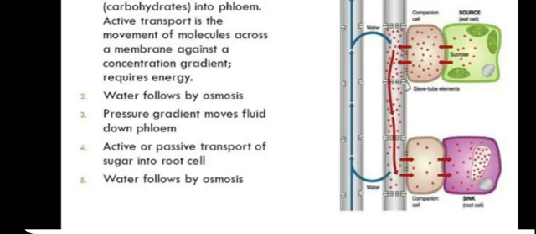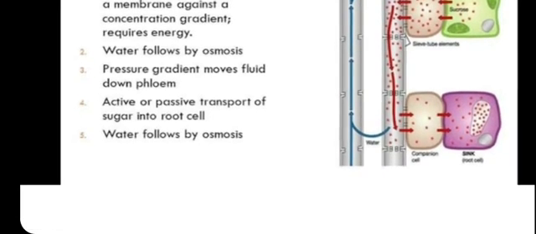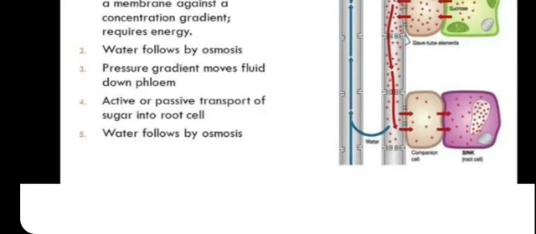High pressure is created, so they will move to the areas of less pressure, where there is no sucrose yet, so those areas also need sucrose. Because of the pressure gradient, they will move further and further down. They have to stabilize the pressure and equalize the concentration of sucrose and water everywhere. So along with sucrose, water is also moving down.